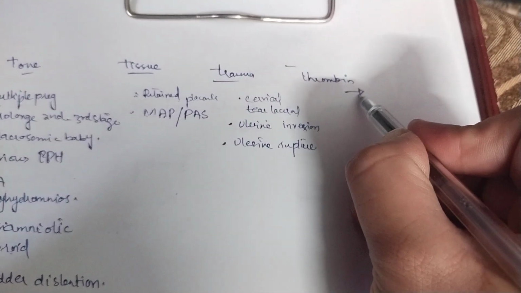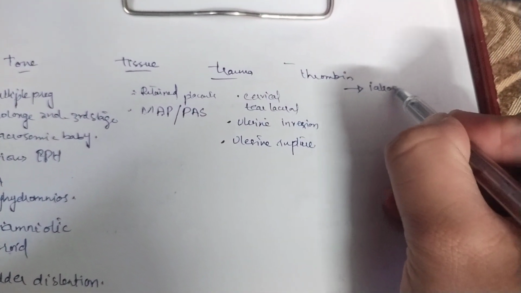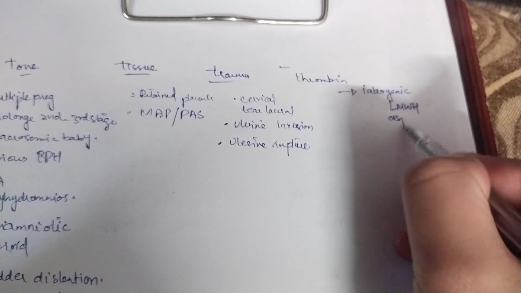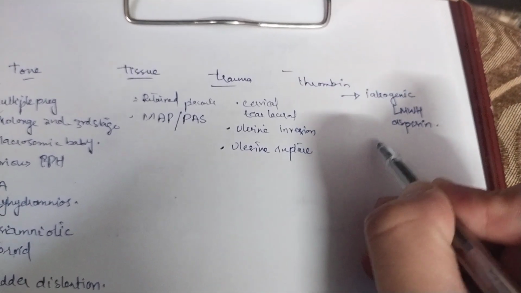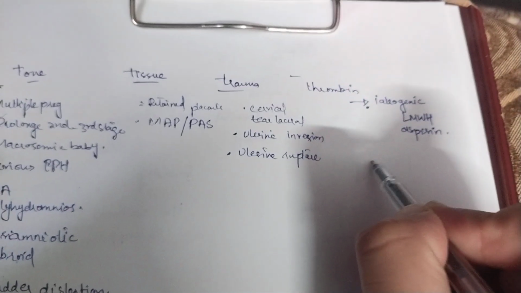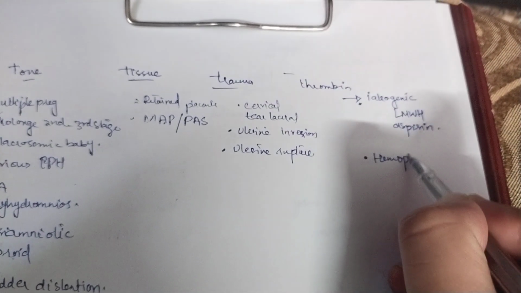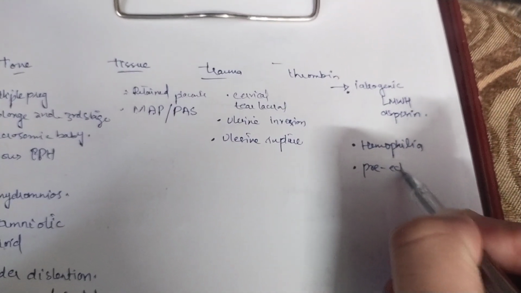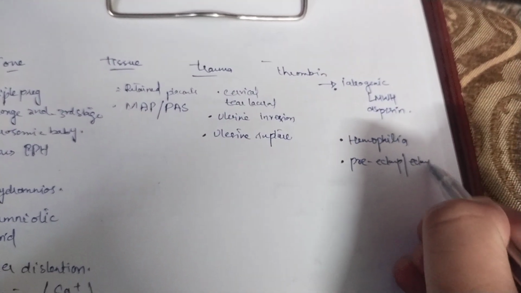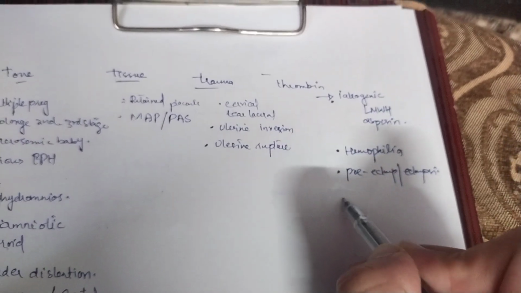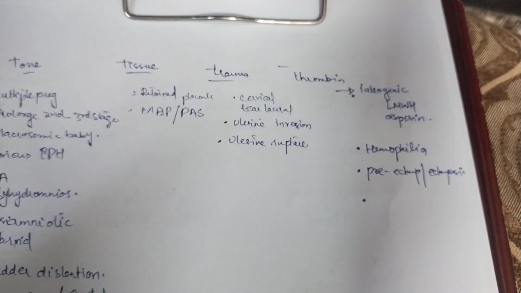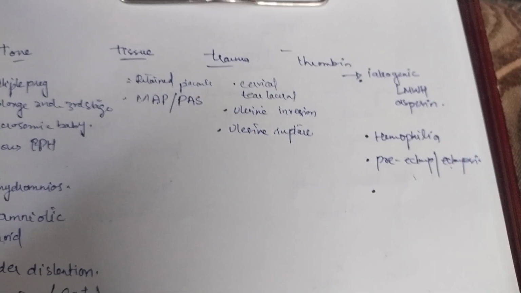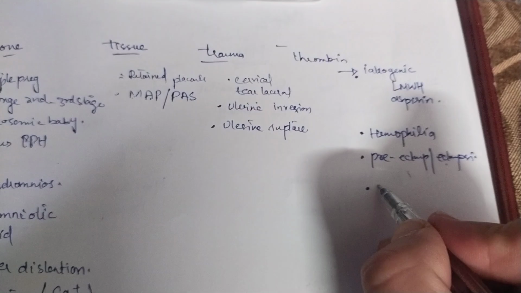Now finally, thrombin. First of all, iatrogenic, if the patient is taking anything, for example low molecular weight heparin or aspirin, which can cause bleeding tendencies. Okay, other than that, if the patient has hemophilia, or for example in the case of preeclampsia or eclampsia or HELLP syndrome, the coagulation profile is deranged. Okay, in preeclampsia or eclampsia or in HELLP syndrome, this also leads to PPH.